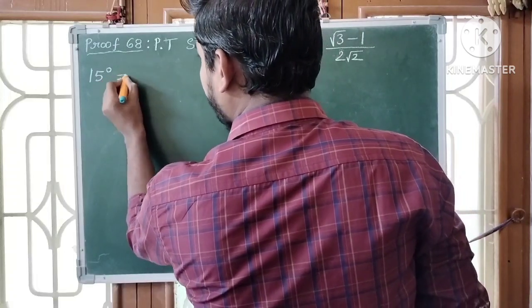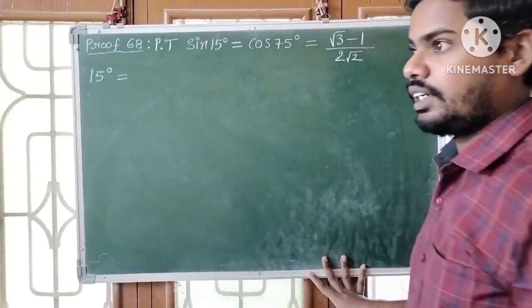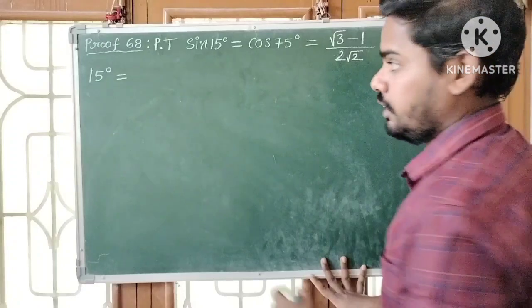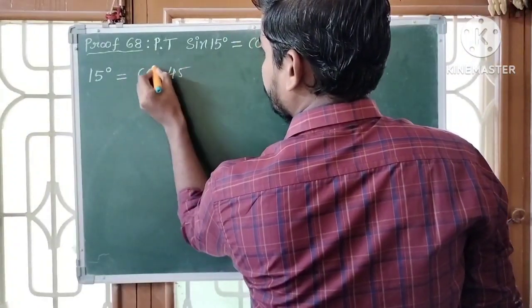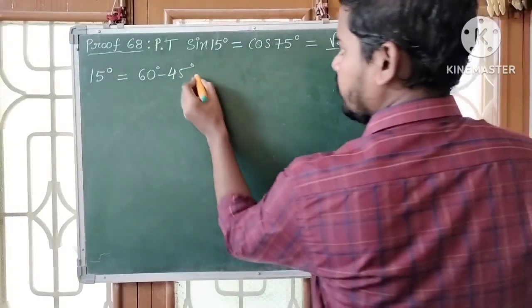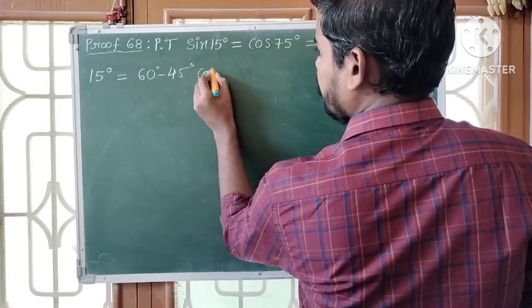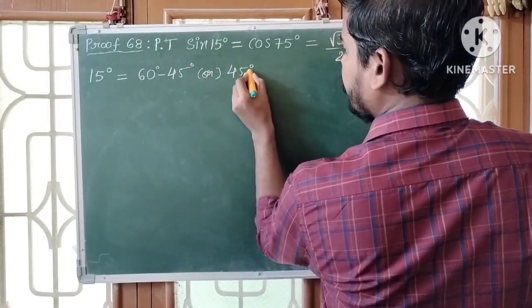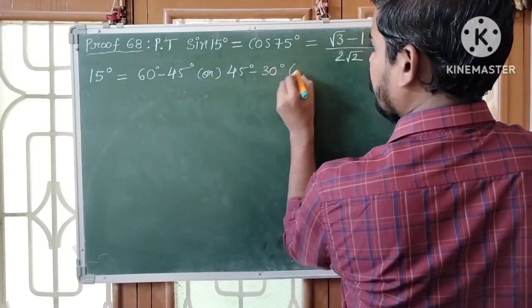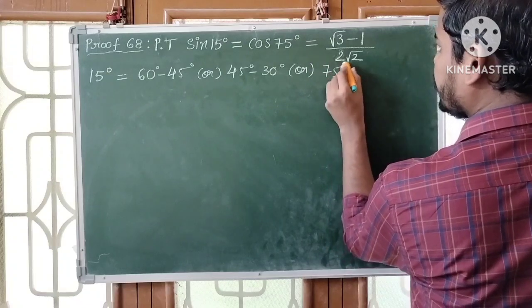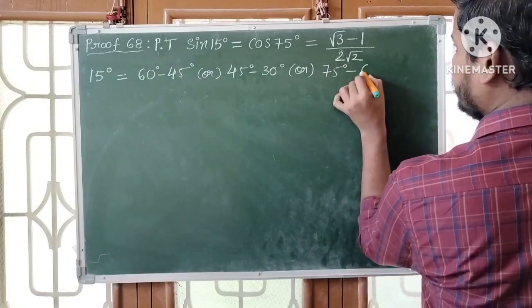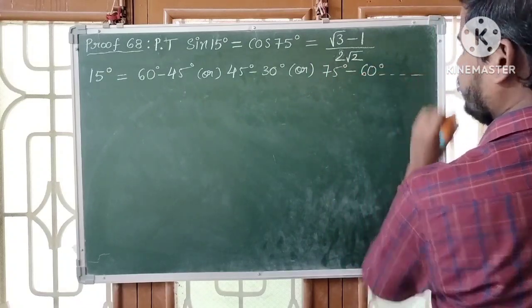We know that we can write 15 degrees as 60 degrees minus 45 degrees, or 45 degrees minus 30 degrees, or something like 75 degrees minus 60 degrees, and so on.